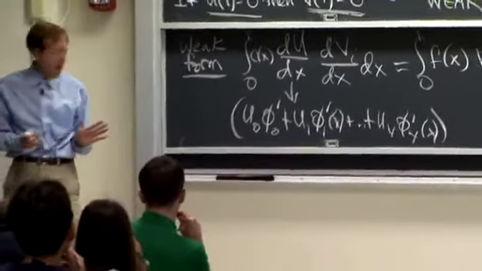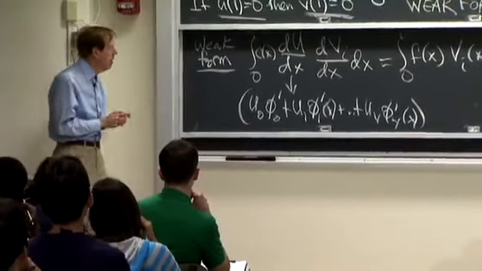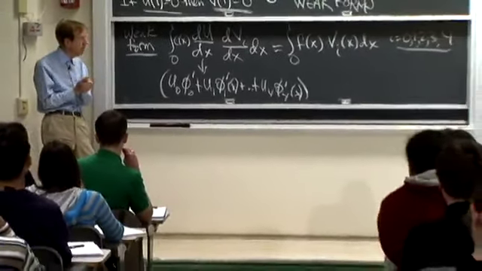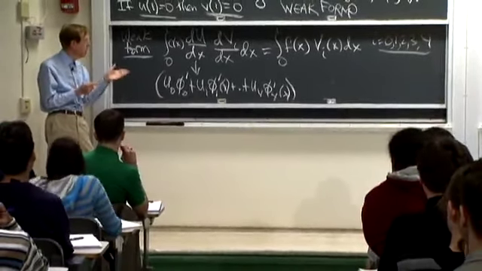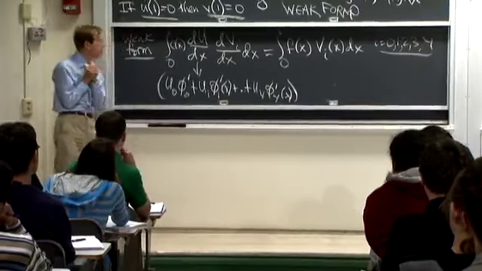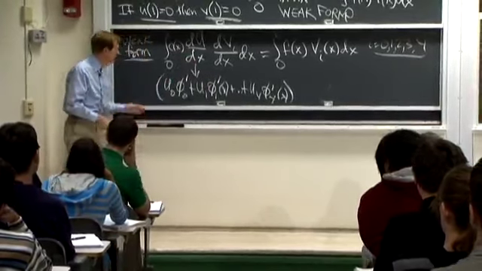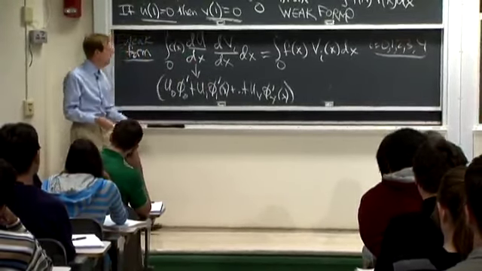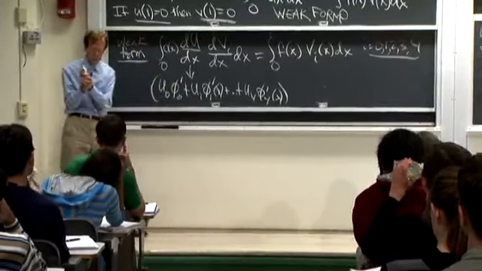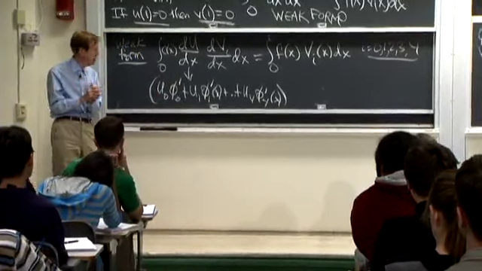Let me just step back a minute so you see what happened there. What do you have to do? You chose the functions you wanted, the basis functions, the phis and the v's. Then you just plug into the weak form. You plug in du dx, coming from there. You have to plug in dv dx. You have to do the integrals. That's something we didn't have in finite differences.